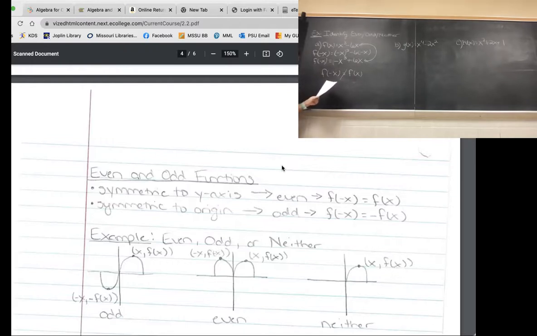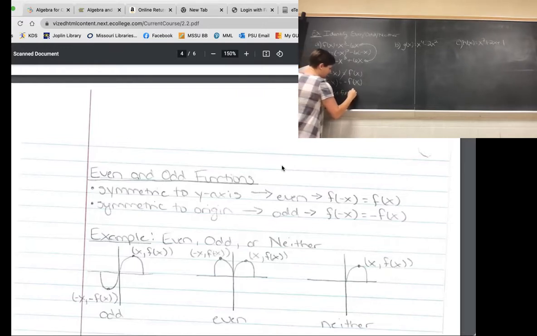We don't want it to be equal because we want to check to see if it is even or odd. So it's not equal. But what we did show was f of negative x equals negative f of x. All we did was take a negative times everything in our original equation. And when it looks like that, that tells us we're an odd function.